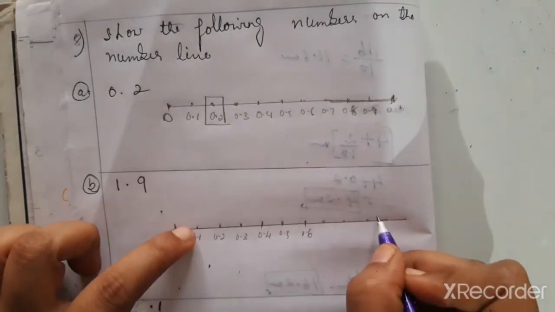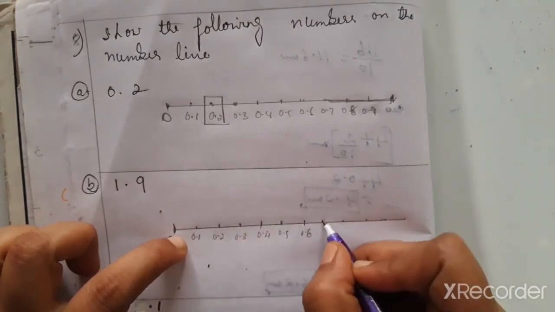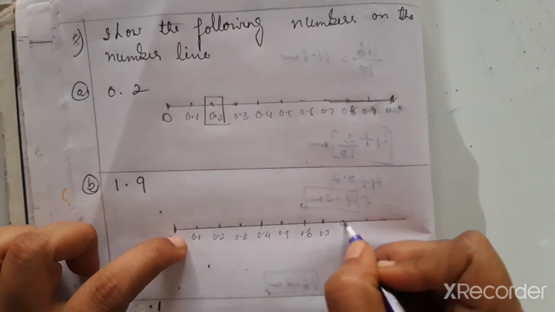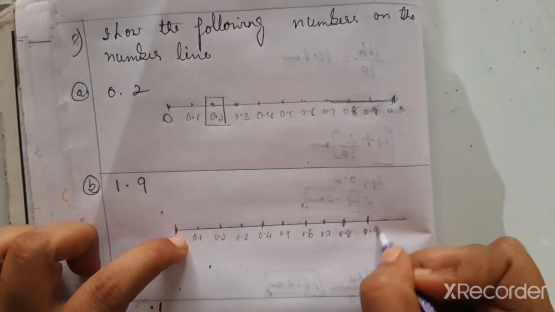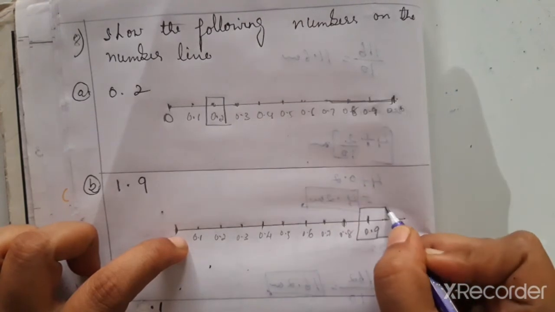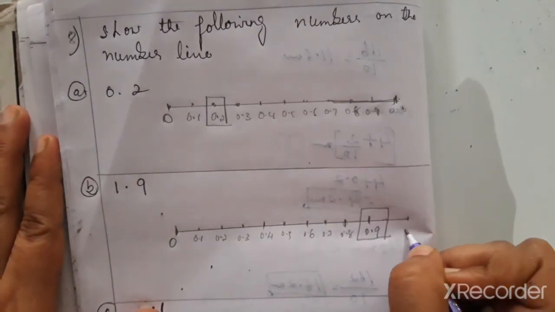Here we can take any unit, it is not necessary. I took 1 centimeter as 1 unit: 0.7, 0.8, 0.9. Where will it come? 0.9 here, and this is 1.0.